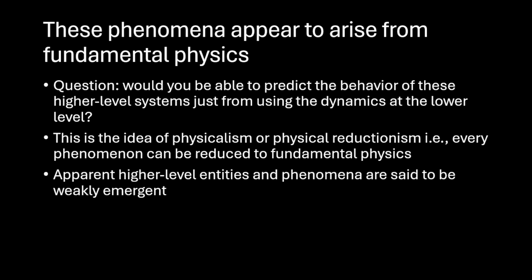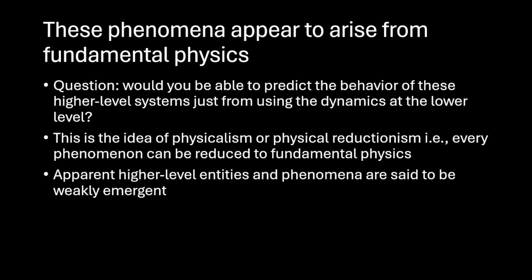Would you be able to predict the behavior of these higher level systems, whether it's a computer or technology or human behavior or sociology, music, language, whatever? Would you be able to predict the behavior of these systems just from using the dynamics at the lower level? So this is the idea of physicalism or physical reductionism, i.e., every phenomenon can be reduced to fundamental physics.